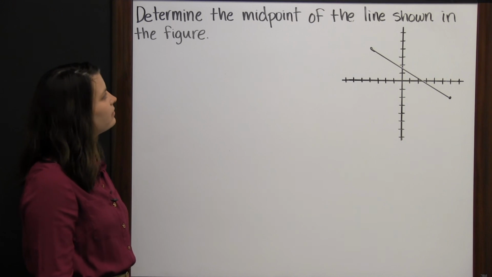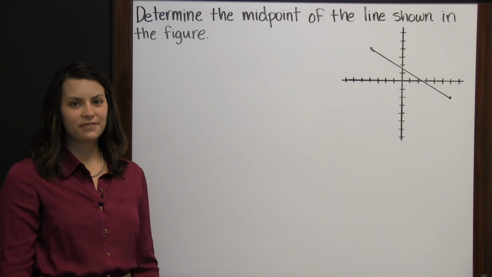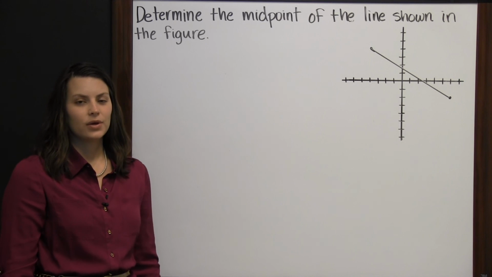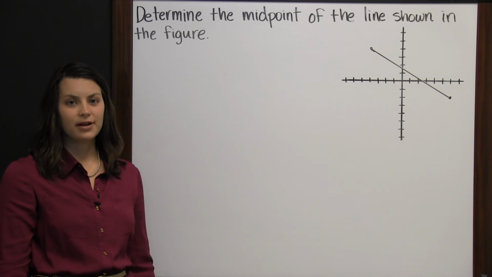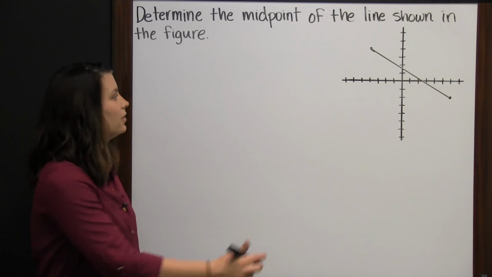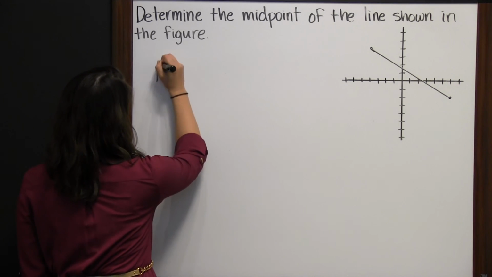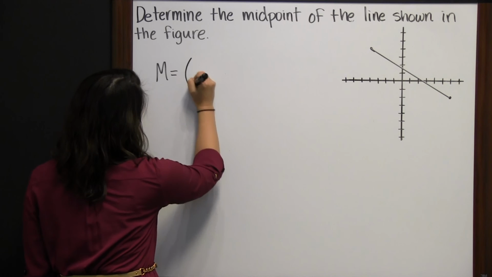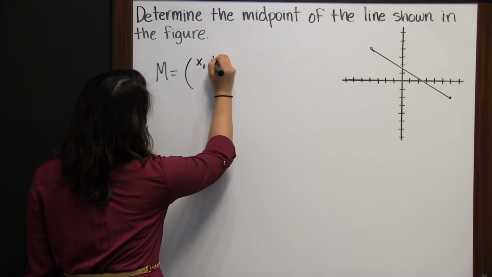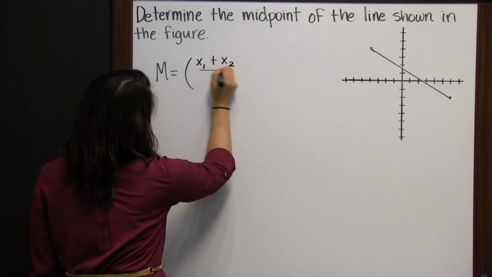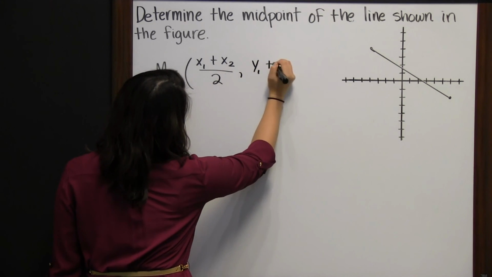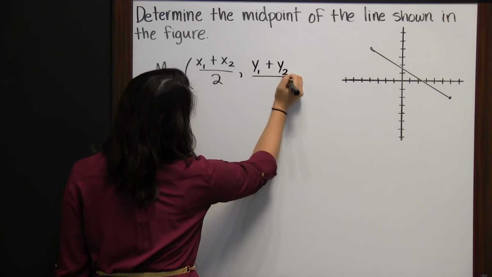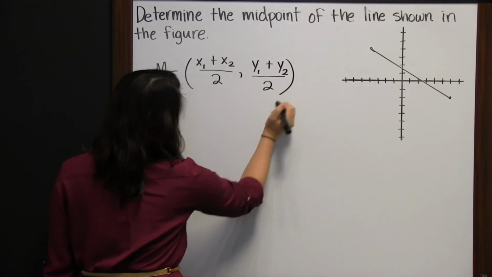Determine the midpoint of the line shown in the figure. We will use the midpoint formula to find the midpoint of this line. The midpoint formula is (x1 plus x2) divided by 2, and then (y1 plus y2) divided by 2.